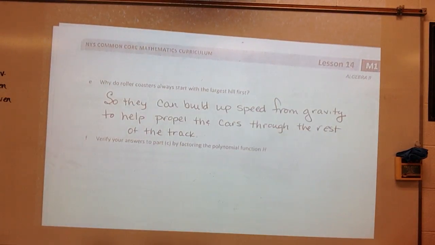They need the biggest hill at first because they need to get enough speed to finish. So you think about it. The bigger the hill, the more speed as they're coming down, which is going to allow them to finish up through the rest of the track.